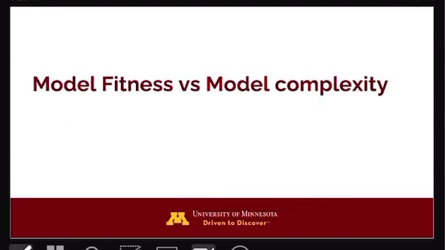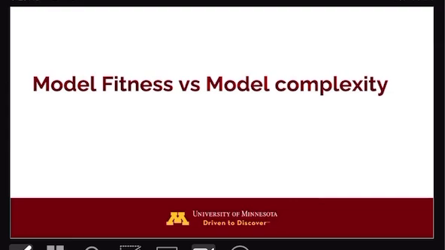Now I want to go into model fitness and model complexity, and I need you to pay attention here. When I'm talking about model fitness, I actually want to assess how the estimated function matches the observations, the data.